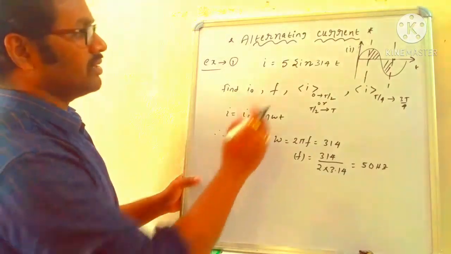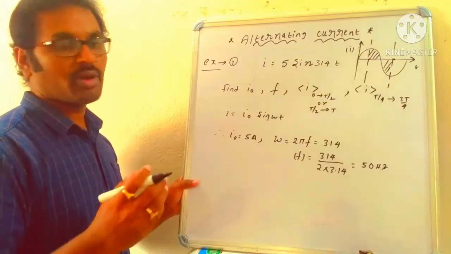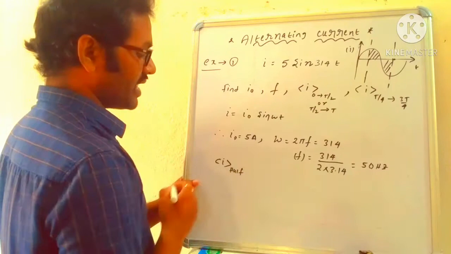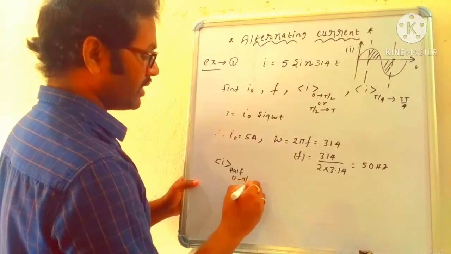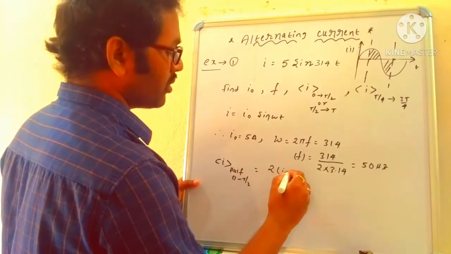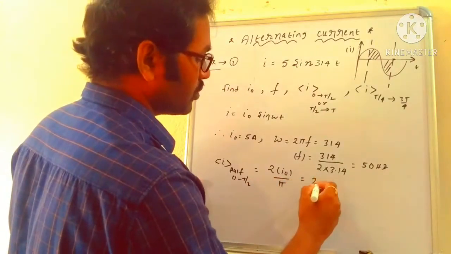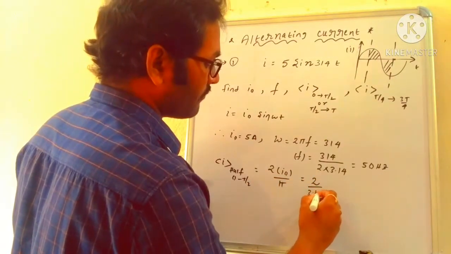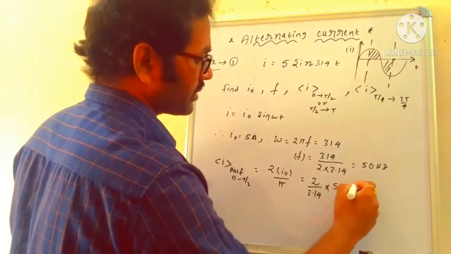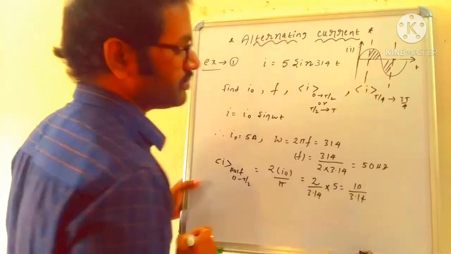And the next one is the average current for the half cycle. We have the formula for the half cycle. The average current for the half cycle, that is from 0 to T by 2, the positive cycle, is equal to 2 I naught divided by pi, which is 2 by pi into the peak value 5, nothing but 10 divided by 3.14.